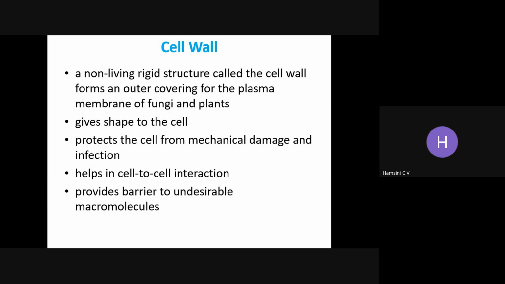But what about bacteria? What is the cell wall composition of bacteria? Ma'am, glycocalyx and then just two more.